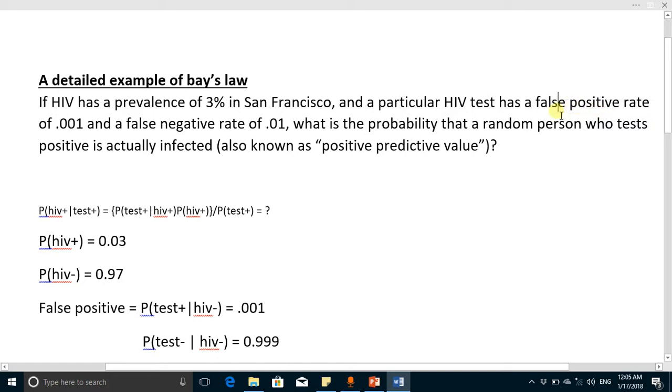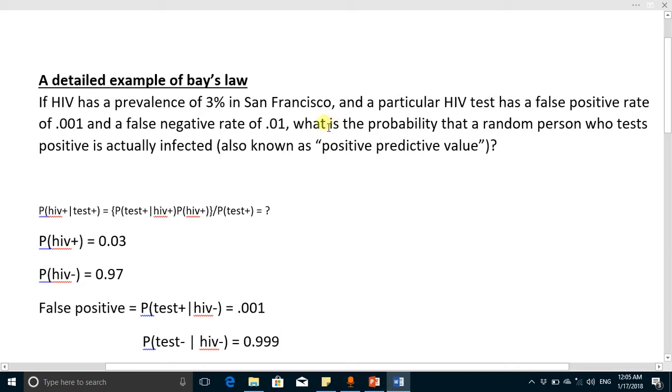Given the person has no infection, the probability of a positive test is 0.001. So given that the person does not have any infection, that is HIV negative, the probability of a positive report is 0.001. So the probability of test negative given HIV negative will be 1 minus this value, and we will get 0.999.